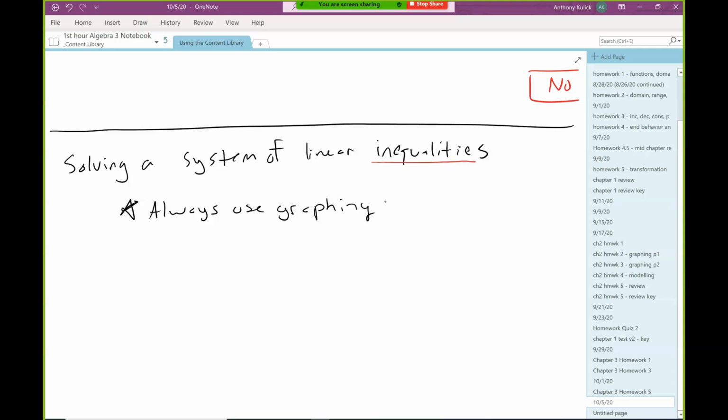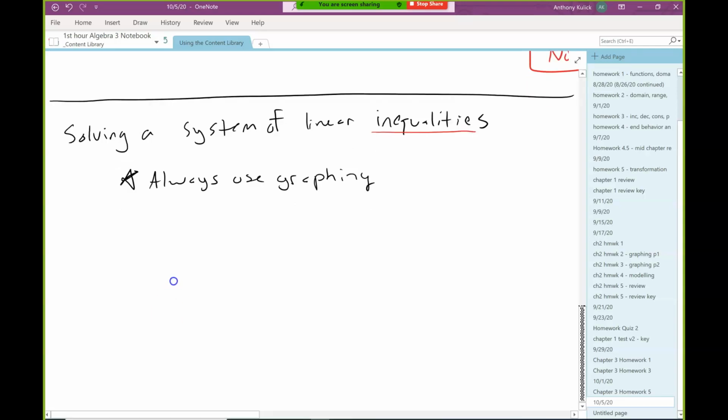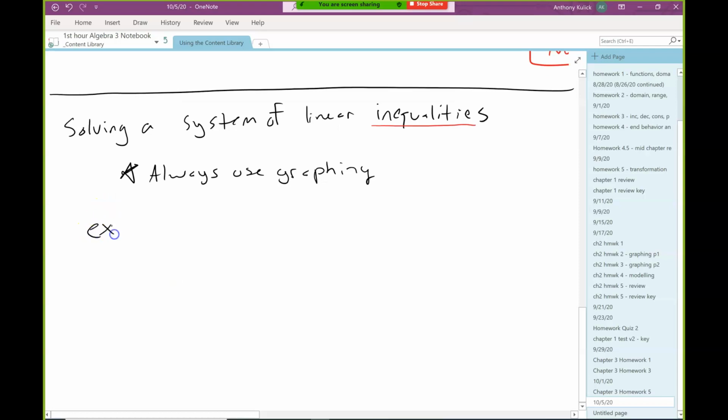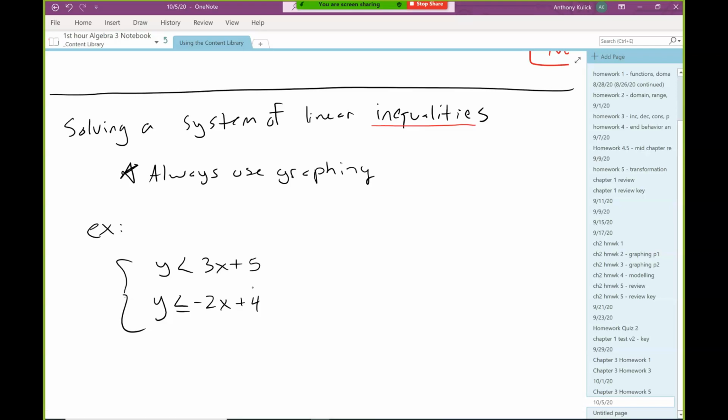And I'll explain why as we do an example. So let's say that we want to graph this system of linear inequalities.